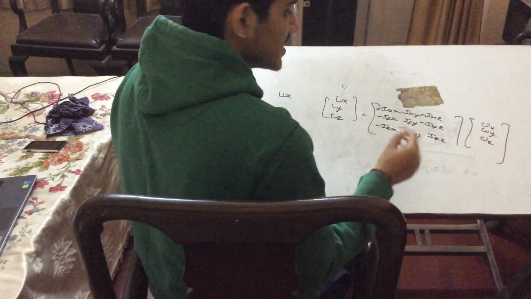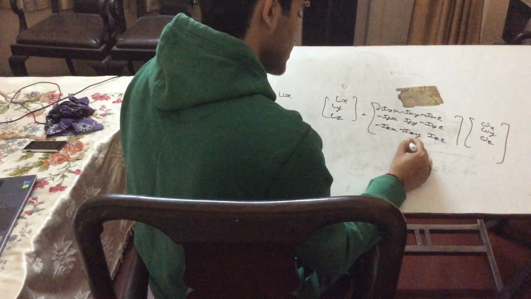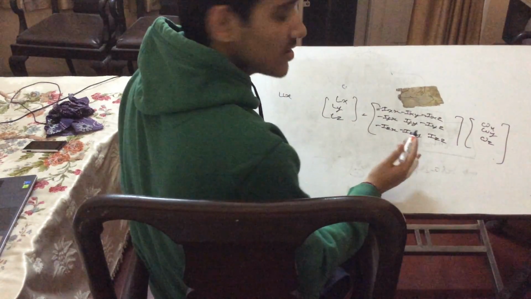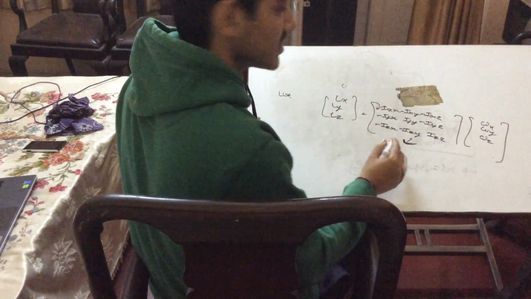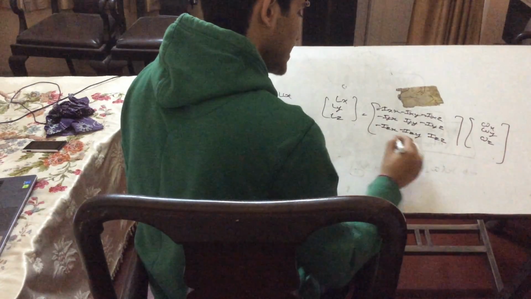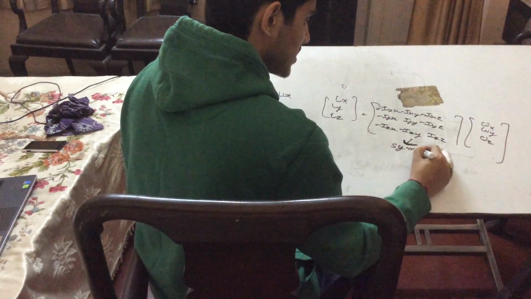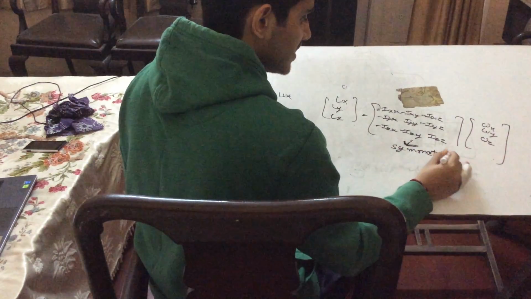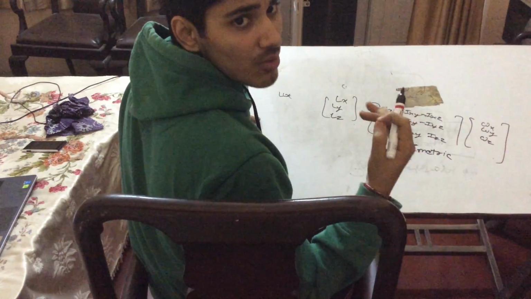What it tells is the distribution of mass in a body, and this is also called the tensor. And this matrix, which is called the moment of inertia matrix, is also a symmetric matrix. It has properties like being symmetric, and what it tells is how the mass is distributed in a body.